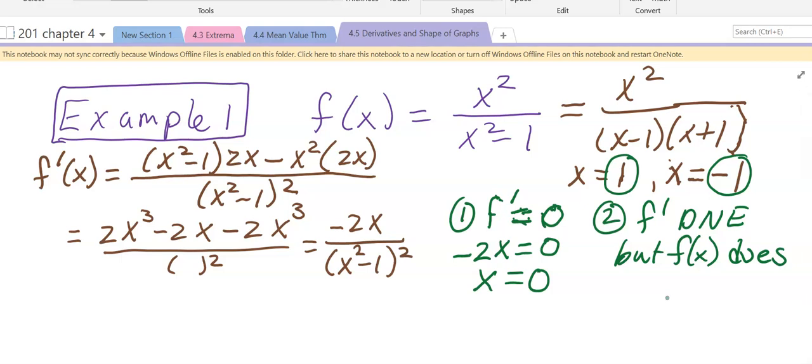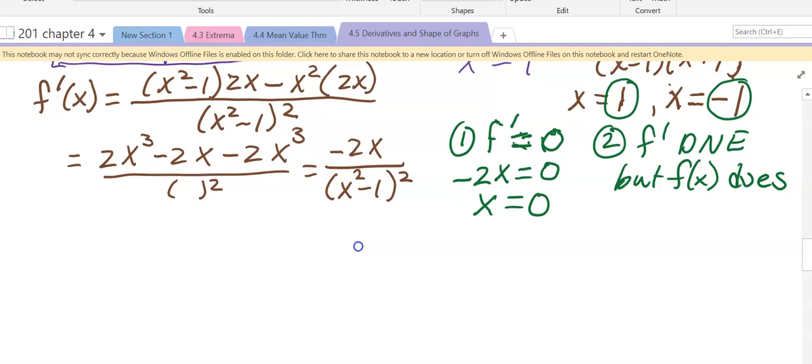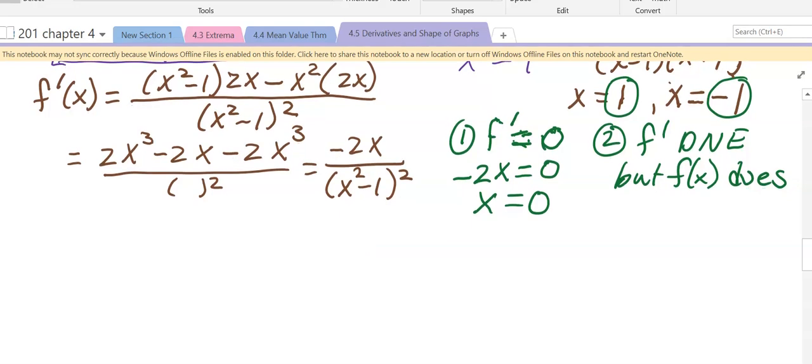That means that when I look at this, I need to divide it up and analyze it with only one vertical bar in my chart. Let me show you the method that I typically use. When looking at the chart, I'm going to look at the original factored form of the first derivative.